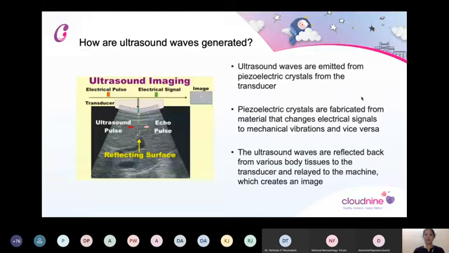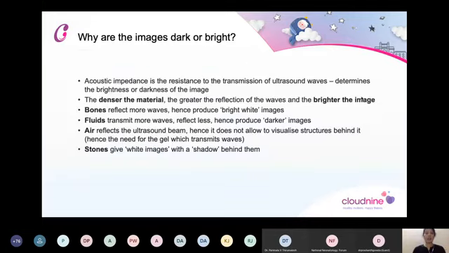These are what transform the electrical signals to mechanical vibrations and vice versa. So the ultrasound waves are reflected back from various body tissues to the transducer and relayed to the machine, and that creates an image which is then analyzed.